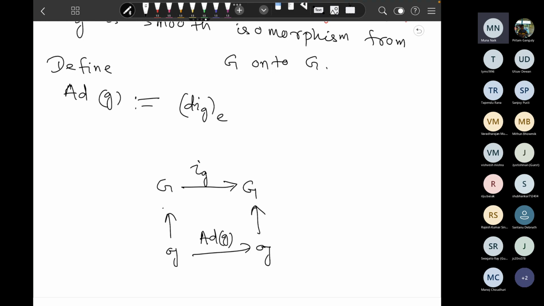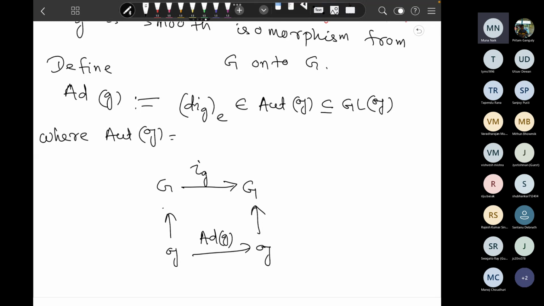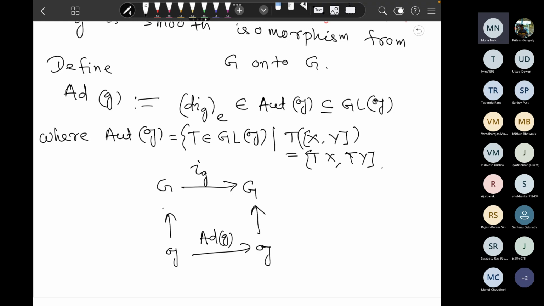So this R_g belongs to the automorphisms of g, and that is a subset of GL(g). Recall that T belongs to GL(g) such that T[x, y] equals [Tx, Ty] for all x, y belonging to g.